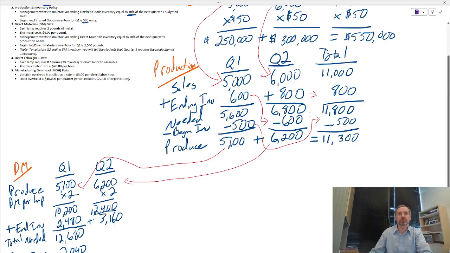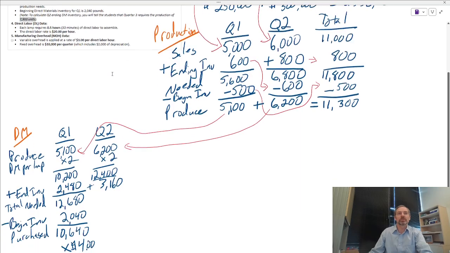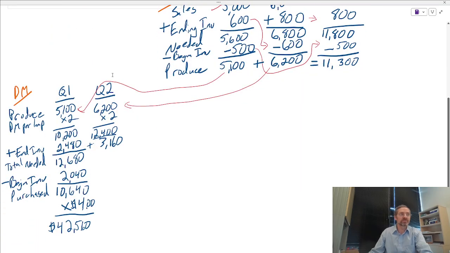So we would need to do the Q3 column. If you're not doing the Q3, it needs to be given to you in the problem. And that's what it was here. We were given that for Q3, we are going to produce 7,900 units. So we are given that, but we still need to translate that into pounds, which is 15,800. And so we need 20% of the 15,800 on hand, which is 3,160 pounds of metal. Okay.